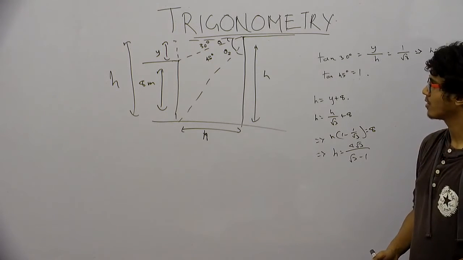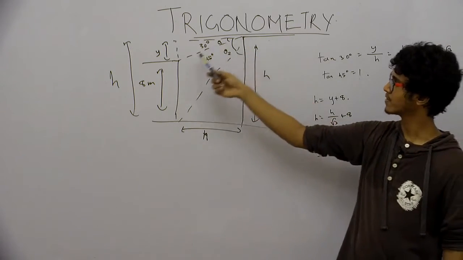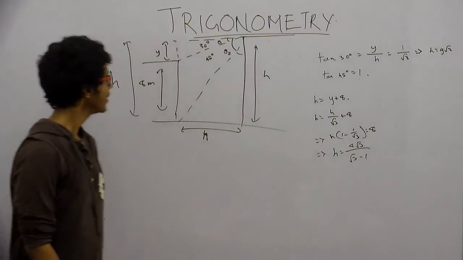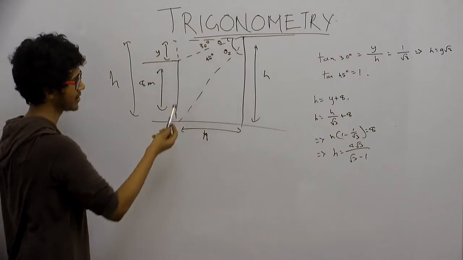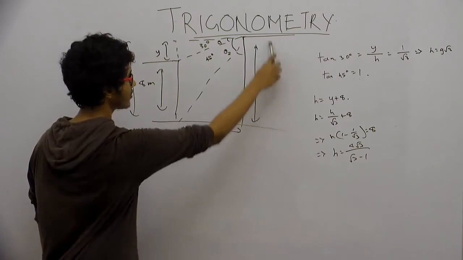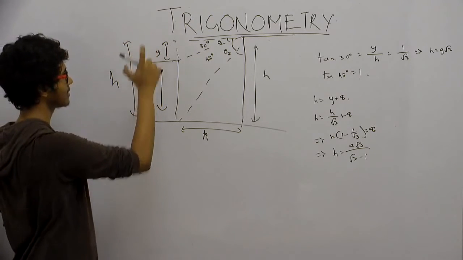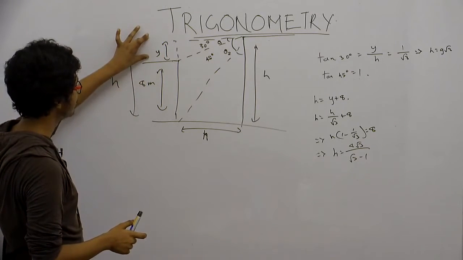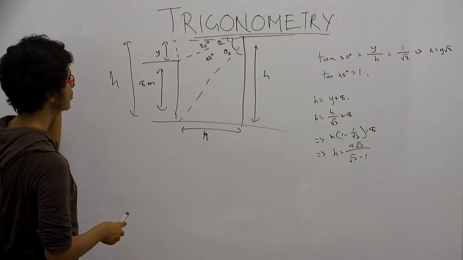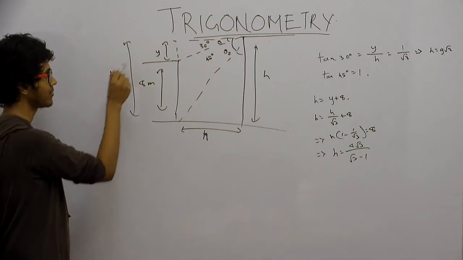You see how we tackled the problem. We were given only this 8 meter and the angles of depression to the top and the bottom of the building, 30 degree and 45 degree. Since it was 45 degree, we noted that the distance between the two buildings equals the height of the multi-story building. Then we assumed the distance between the 8 meter building and the multi-story building is a variable y. The total distance is the height h, so we have one equation, h equals y plus 8.